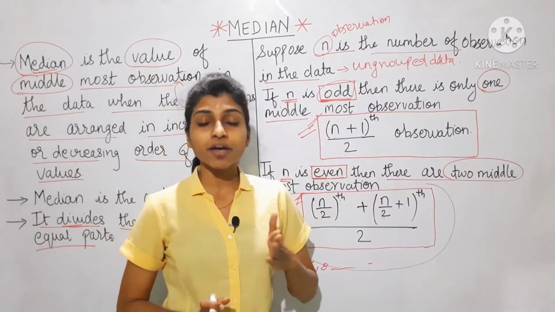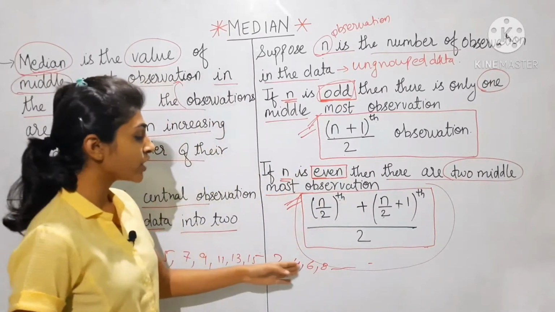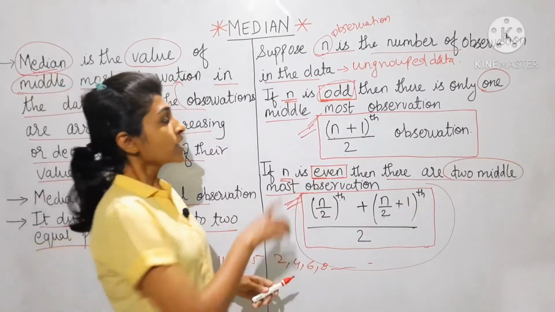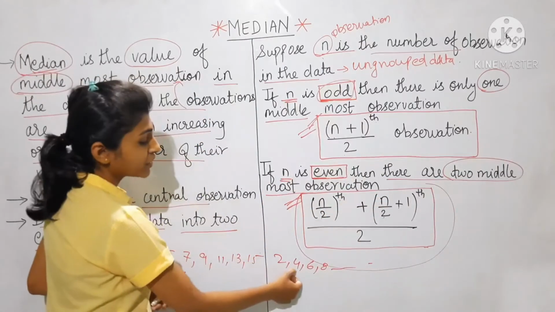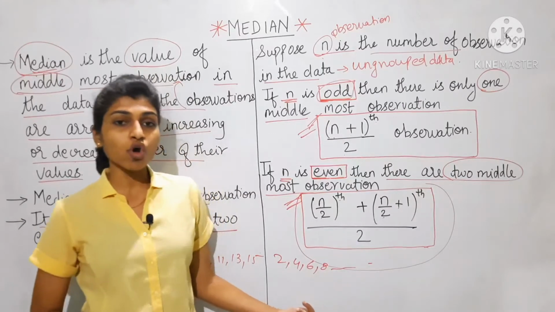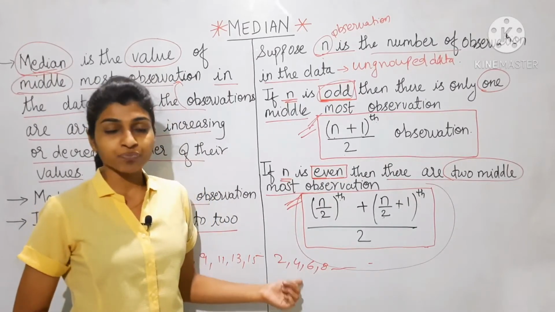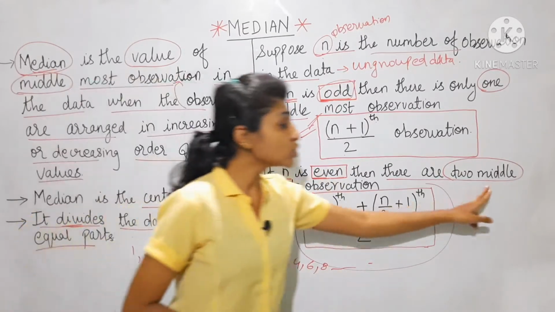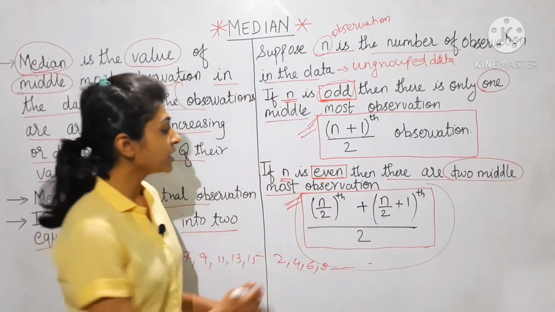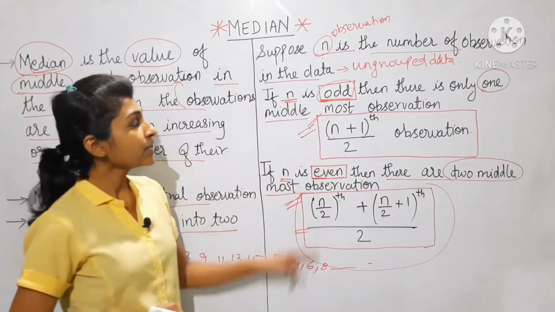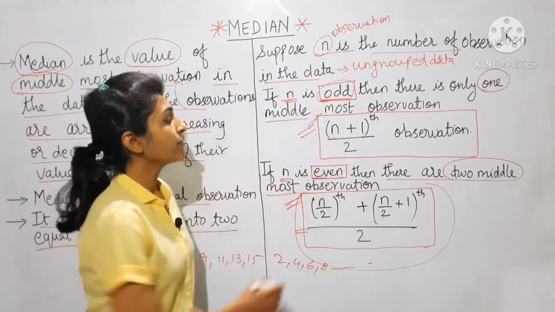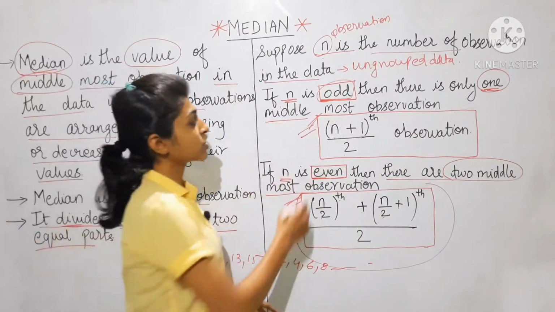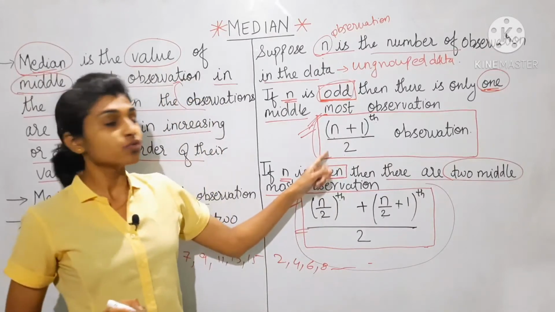If the observations are individual, like 1, 2, 3, 20, 25 and so on, and you count them, suppose 1, 2, 3, 4, then four observations means an even number. So we get two middlemost observations and use the even formula. And if the number of observations is odd, we get only one middlemost observation, and by using the odd formula we find the median.